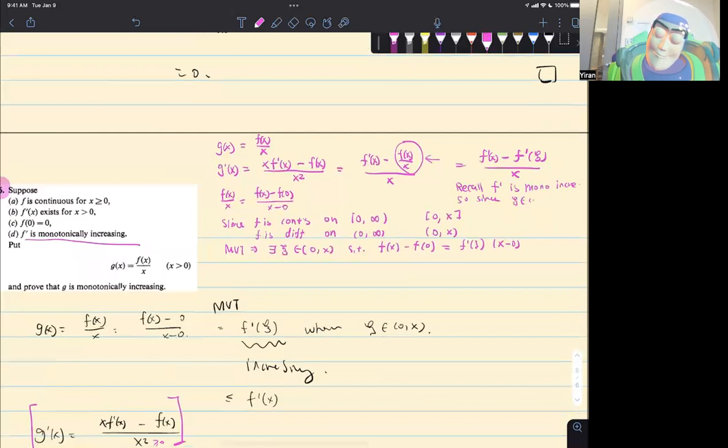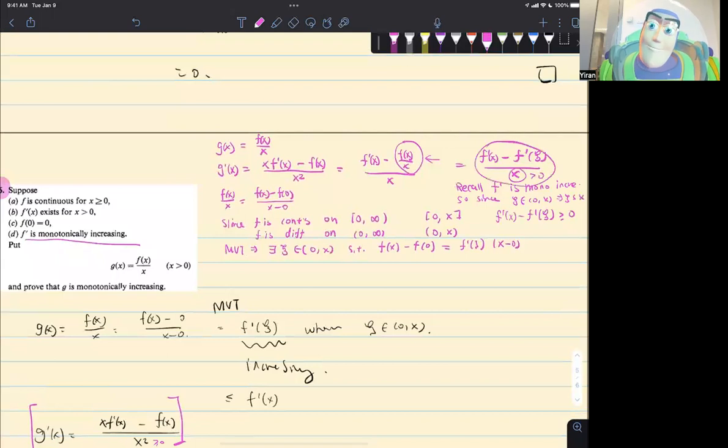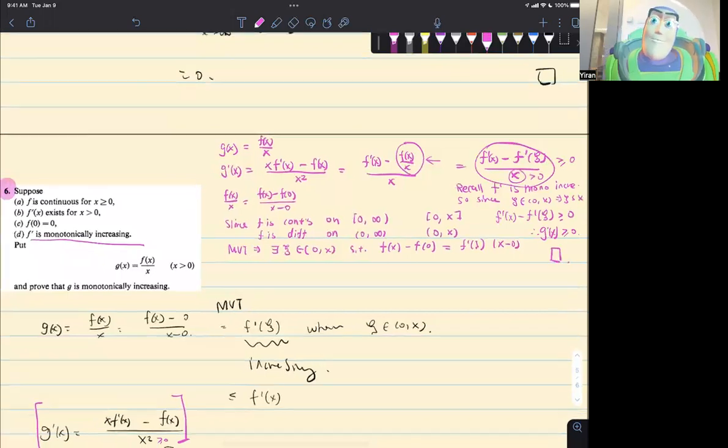Because c is in (0, x), c is smaller or equal to x, right? Therefore, f prime of x minus f prime of c is larger or equal to 0. And x is larger than 0. Therefore, this whole expression is going to be larger or equal to 0. Therefore, g prime of x is non-negative, so g is monotonically increasing, and we're done with this proof.